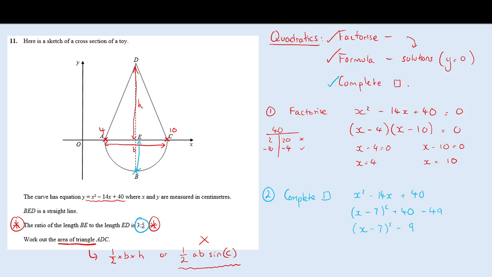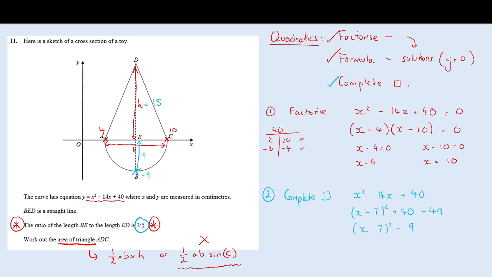I know that this point down here is at -9, which makes this distance 9. If this distance in blue is 9, that's the 3 in my ratio. The 5 is going to be 3 times bigger, which makes the height 15.